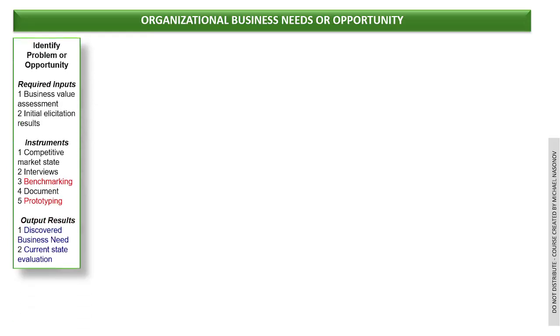Identify problem or opportunity. Required inputs: business value assessment, initial elicitation results. Instruments, or tools and techniques: competitive market state, interviews with your project stakeholders, benchmarking, when you compare the proposed project software product to existing ones from your competitors on the live market, document analysis, and prototyping.